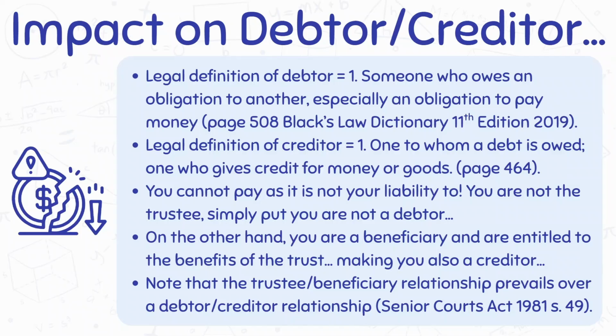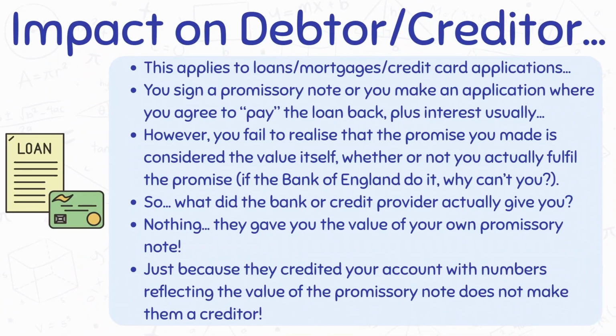This is literally what the Senior Courts Act of 1981, Section 49, is all about. This information is extremely impactful because it applies to loans, mortgages, credit card applications, even student loans, situations where you sign a contract which states that you will promise to pay something.